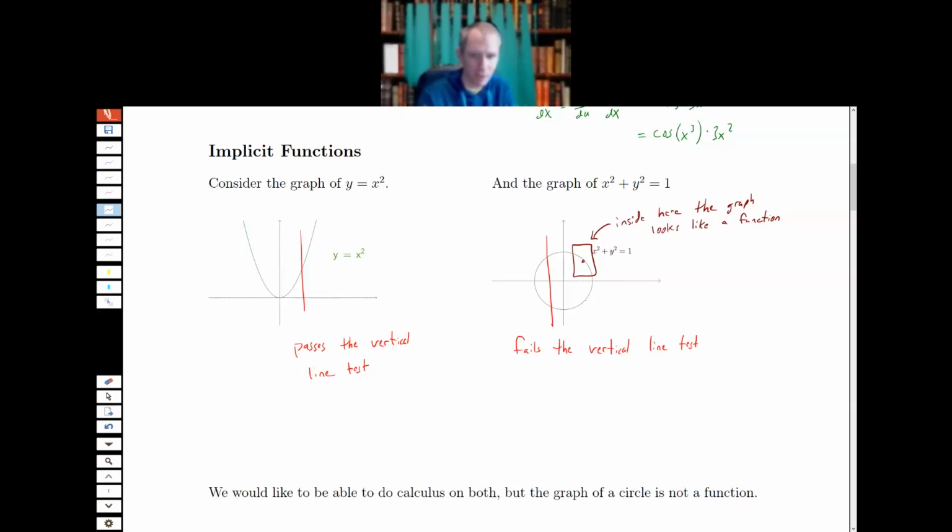If at a different point, maybe I need a different zoom in window, okay? But it also looks like a function over here. So I can think of my calculus as kind of working around point by point and, you know, being able to do things like find a derivative at all of those points. Even if the graph as a whole is not a function, the pieces of it are.